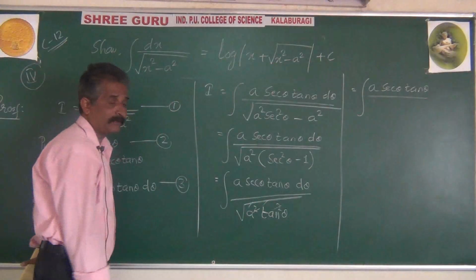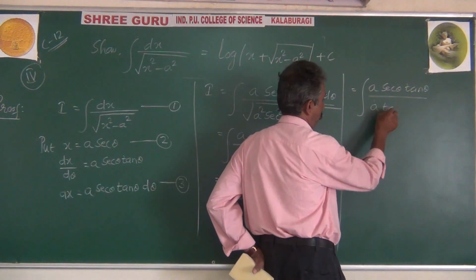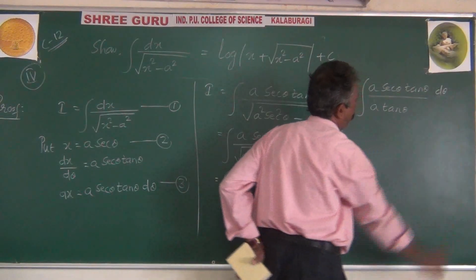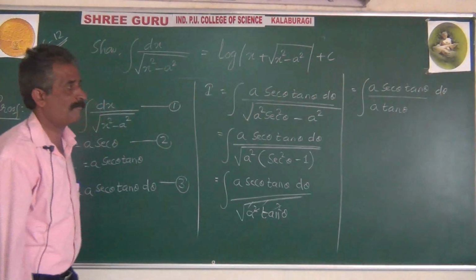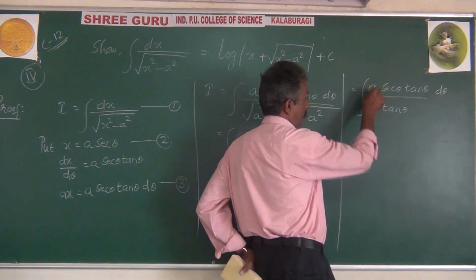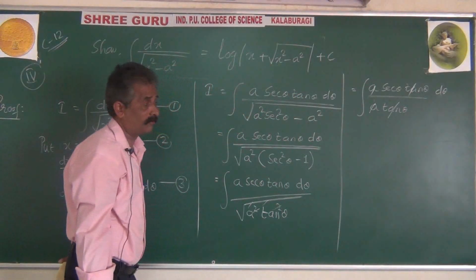Here square root will cancel out leaving how much? A tan theta. A will cancel out. At the same time, tan theta also cancels out.